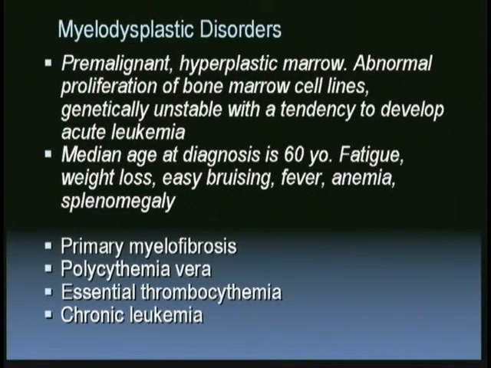And the different disorders are primary myelofibrosis, polycythemia vera, where you have the erythrocytes replicate too much in the marrow, essential thrombocythemia, and chronic leukemia.